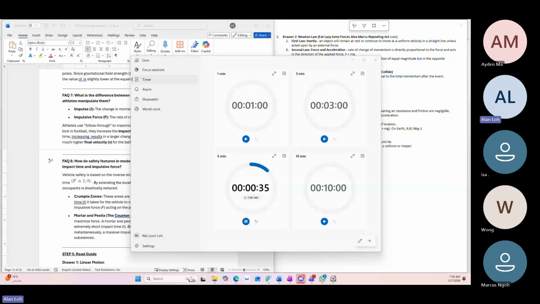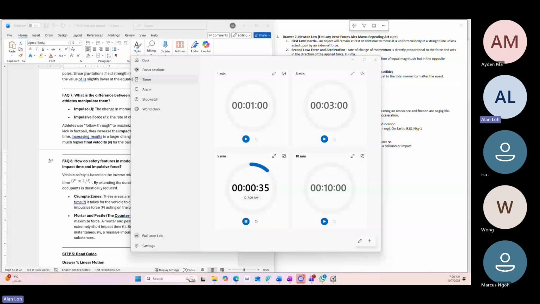Then drawer number 2, you have Newton laws: the first, second, and third. By now I think you have more idea about the first law and second law, because in the FAQ it was explained and answered in quite some detail. Drawer number 3 is momentum, which is the mummy. I believe the FAQ also describes a bit more what momentum is.